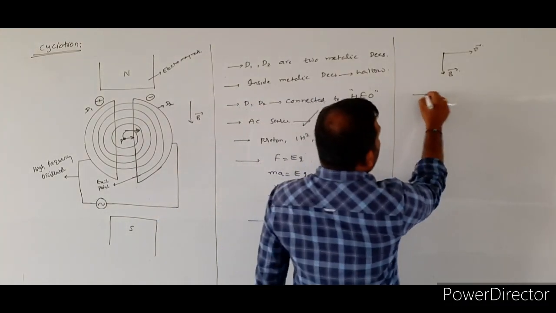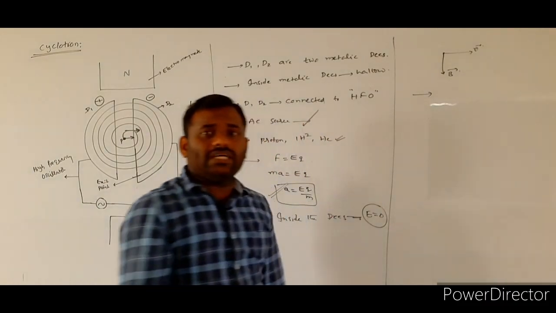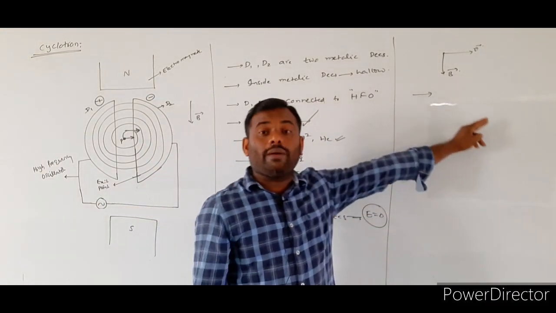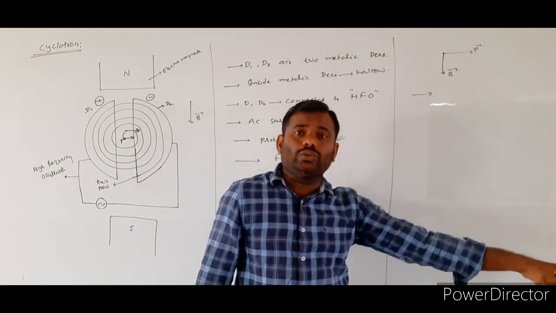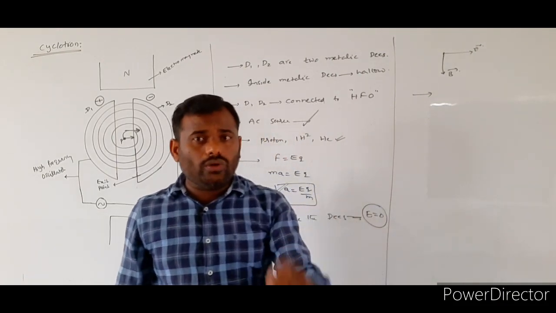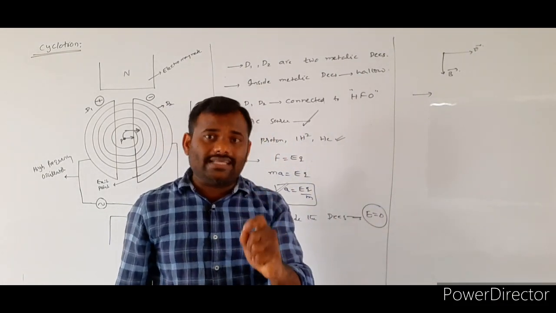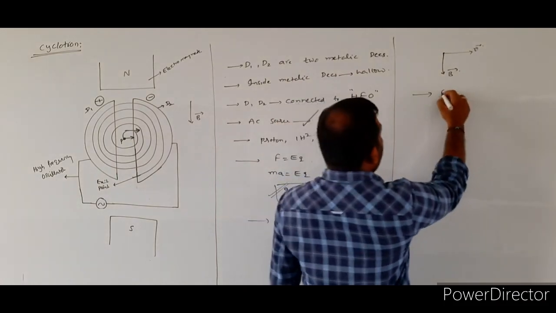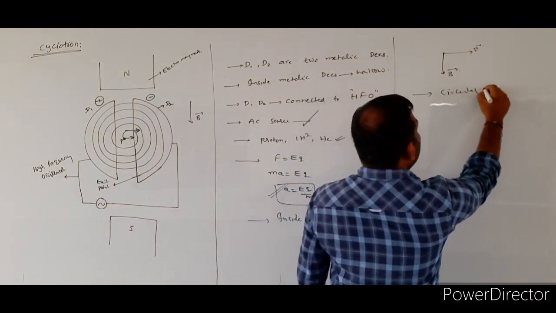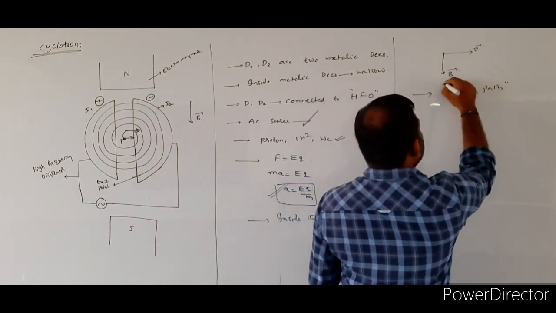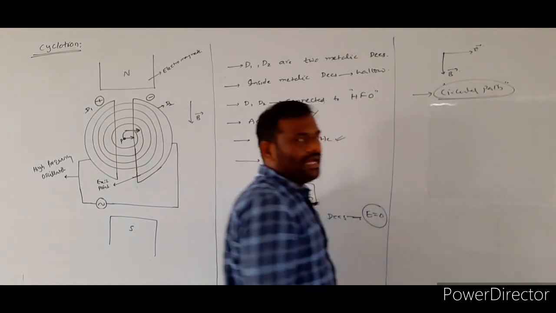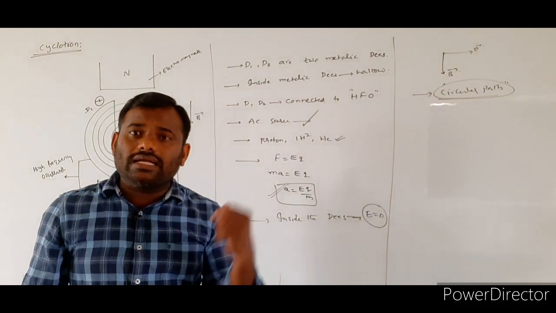If a charged particle enters the magnetic field perpendicular to its direction, we already discussed in which path the charged particle will move: along the circular path.